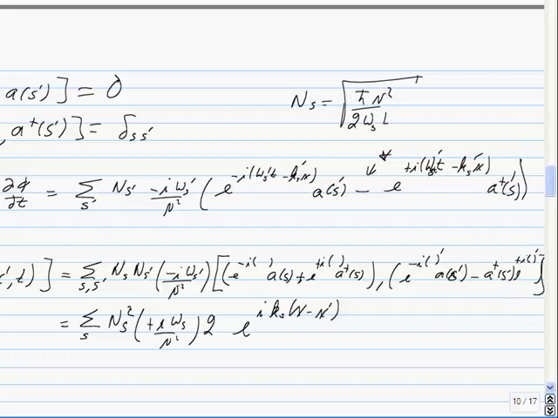You now look up at the cleverly chosen normalization up there, and we note that this factor sits right there.